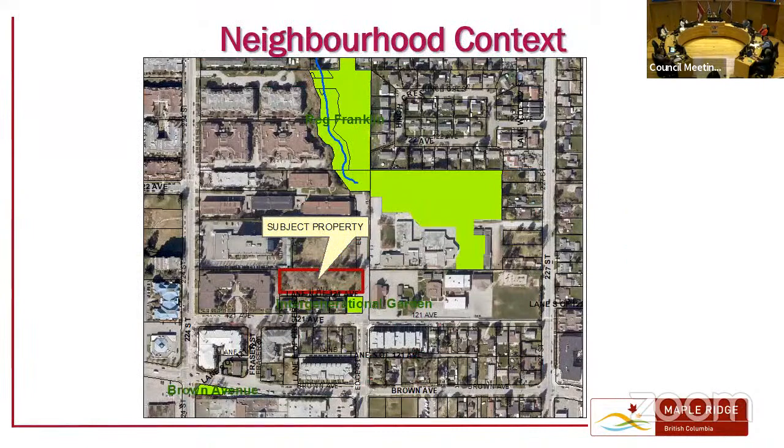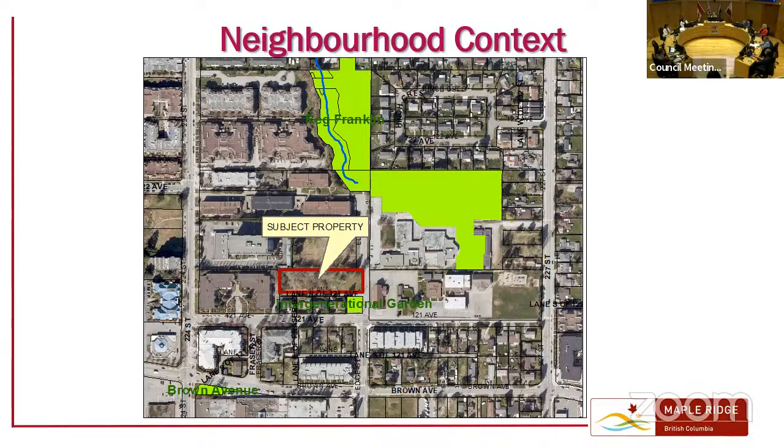As you see, the property is currently vacant. The applicant is proposing to construct this new 6-story rental building in order to help the relocation of the residents of the Maple Court apartment, which is located to the west of the property. The existing building is at the end of its lifespan, and the applicant is planning to redevelop this property.